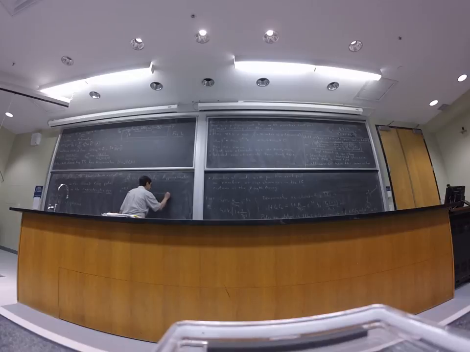So e to the minus d over 2 s, approximated at d equals 0, you get 1 plus the derivative of e to the minus d over 2 s with respect to d at d equals 0 times d minus 0.